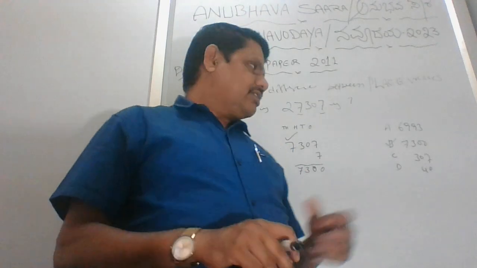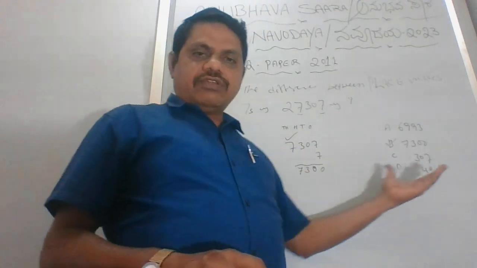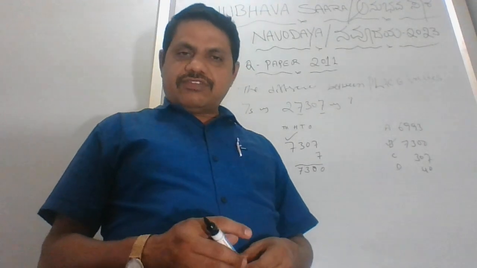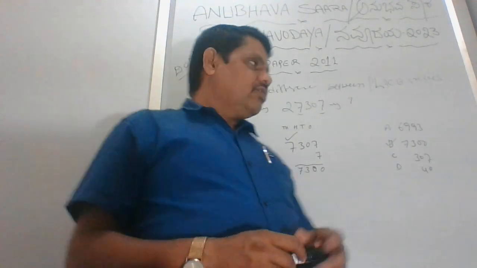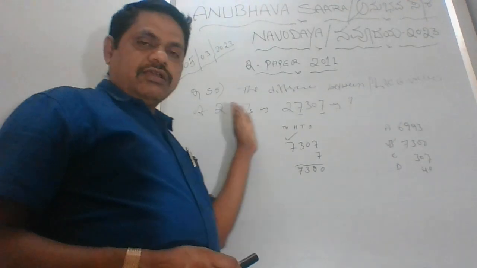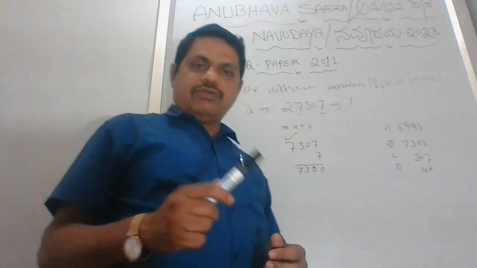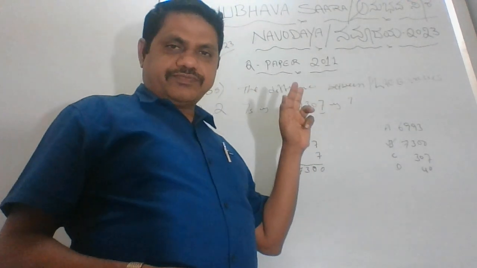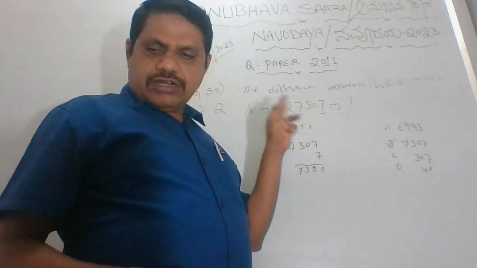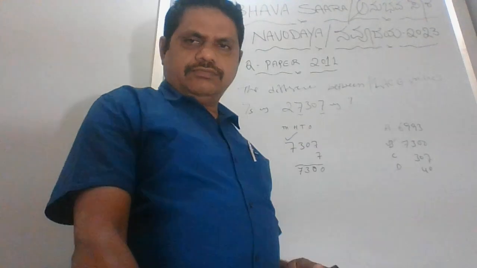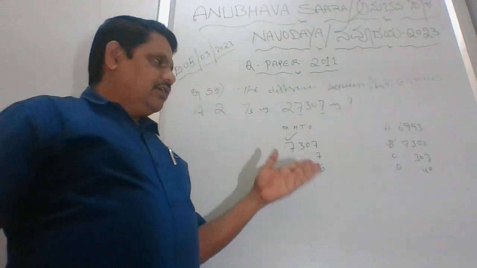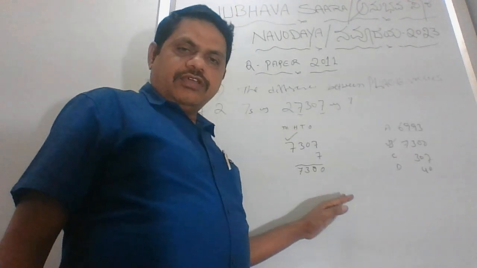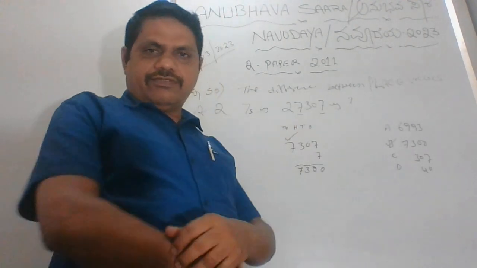Rather than wasting time solving the question, choosing options multiple times, or making mistakes, you have to plan, think twice, and read the question twice. What is the question demanding, and what is the condition? Fine. I hope you understood how we can solve this kind of question.